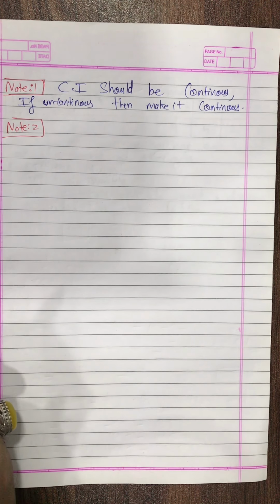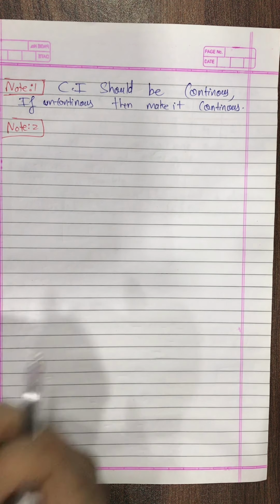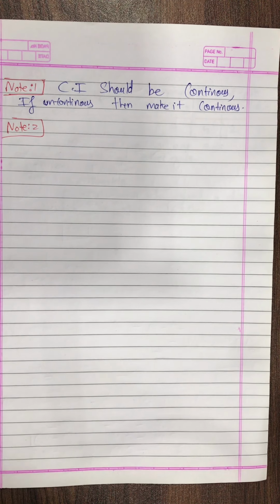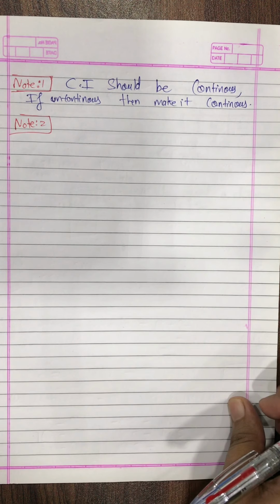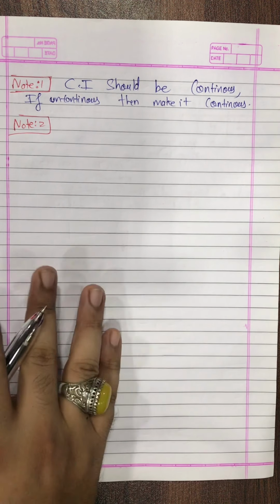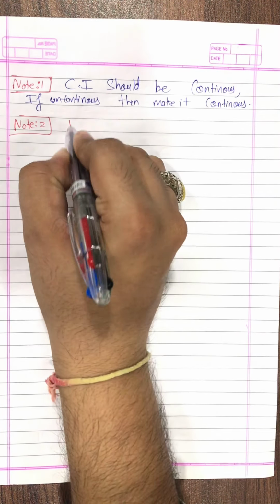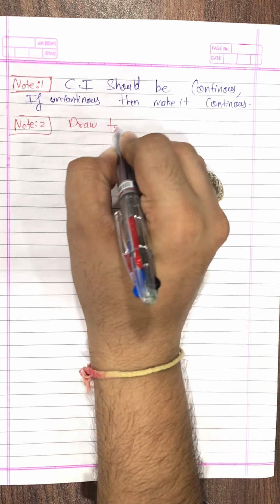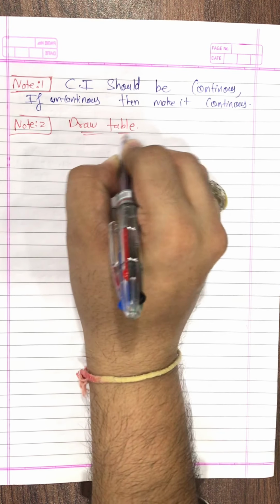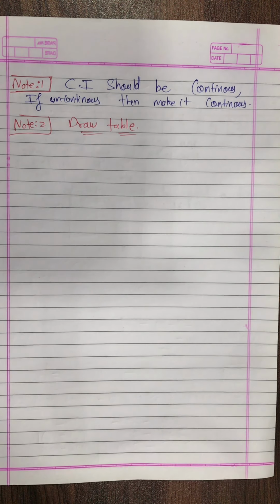Before drawing the ogive curve, before drawing the cumulative frequency curve, or before finding the median of the grouped data, you need to draw a table on the ruled page of the graph. So note 2 is draw table. What will be the headers and what will be the columns of the table?